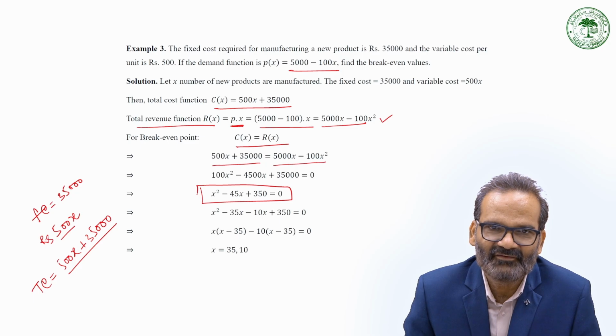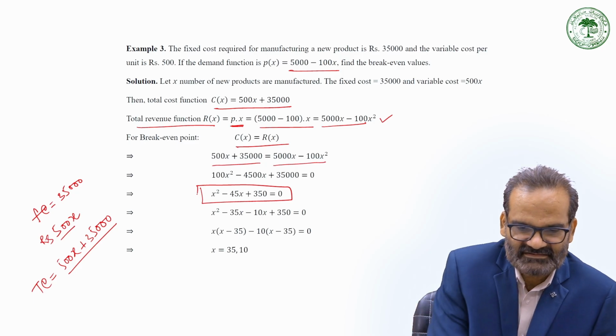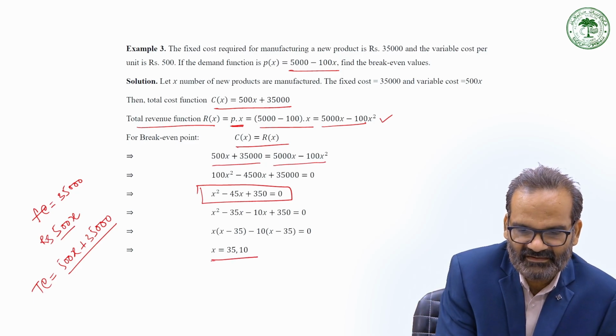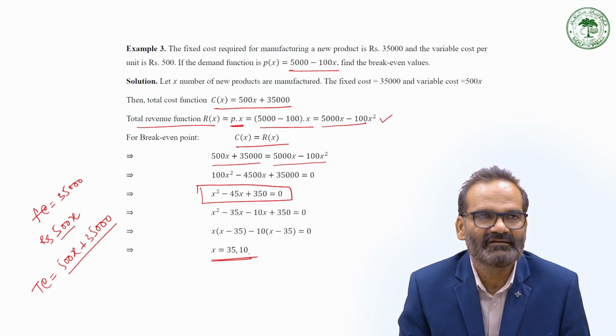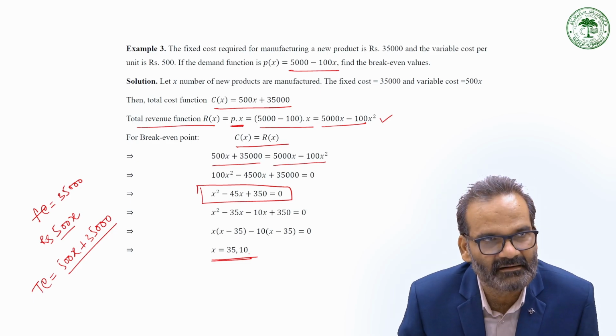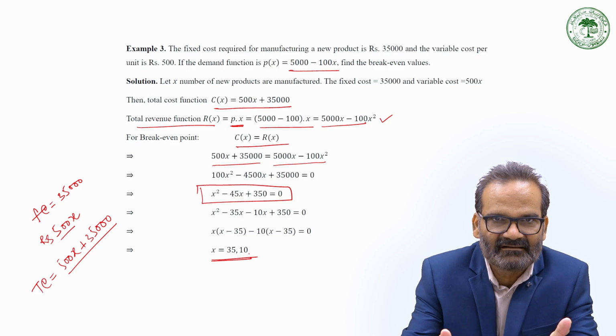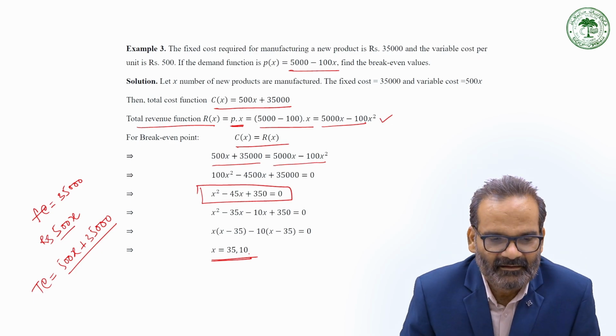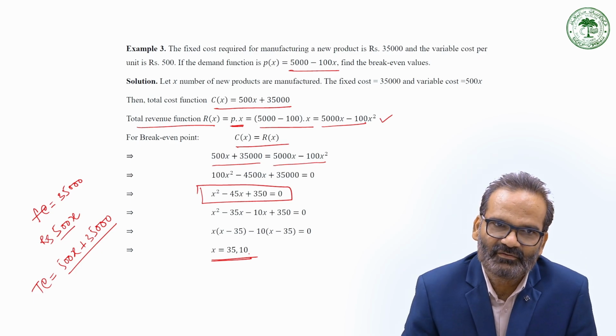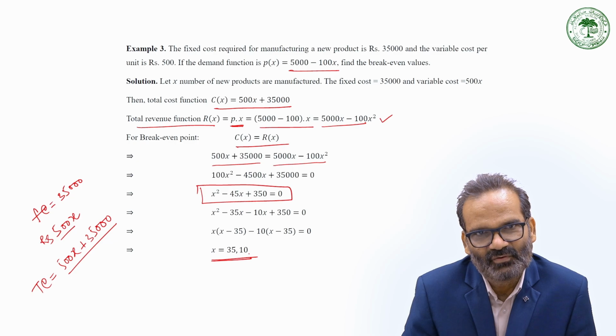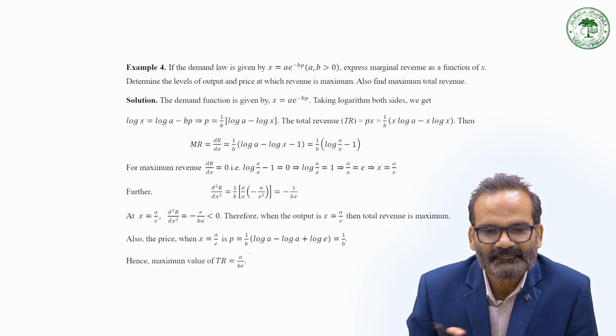Naturally, it will have two factors and its factors are coming out to be 35 and 10. So if 35 units or 10 units of a commodity are being produced under this condition, then the firm will run with no profit, no loss, right?